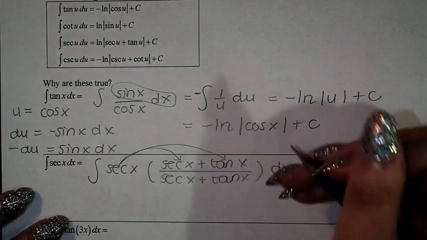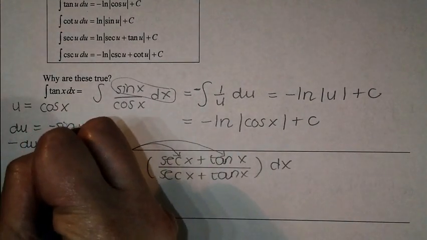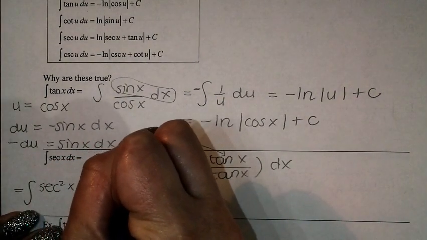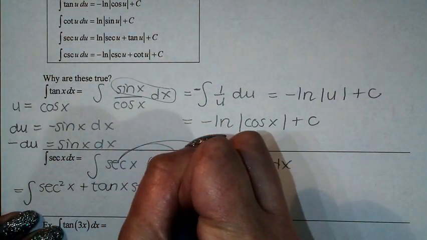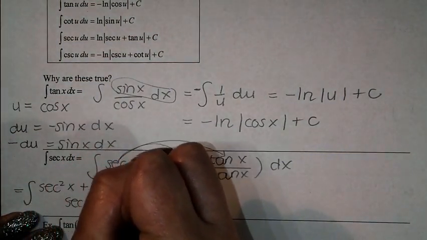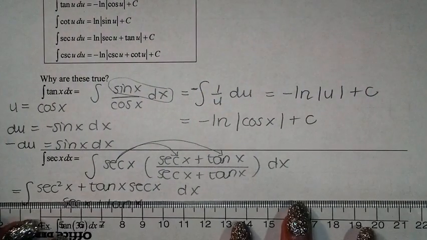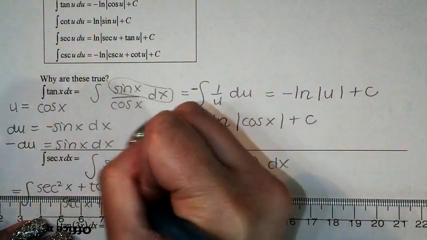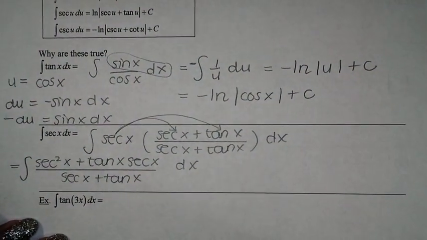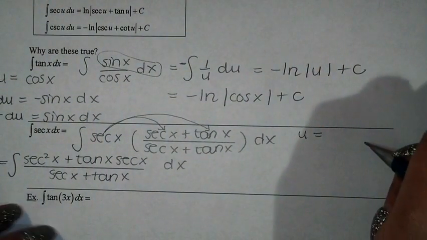What we have, resulting in this situation, is the integral of secant squared of x plus tangent x secant x, over secant x plus tangent x, dx. So what you're going to see here is a pattern, very wacky. You're like, what should we do? My u is going to be what?